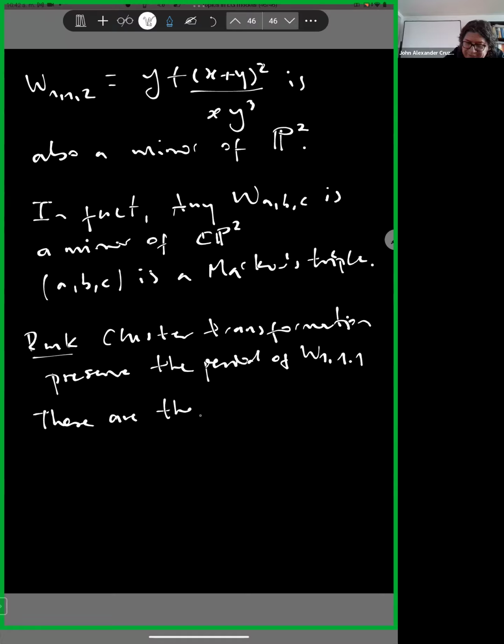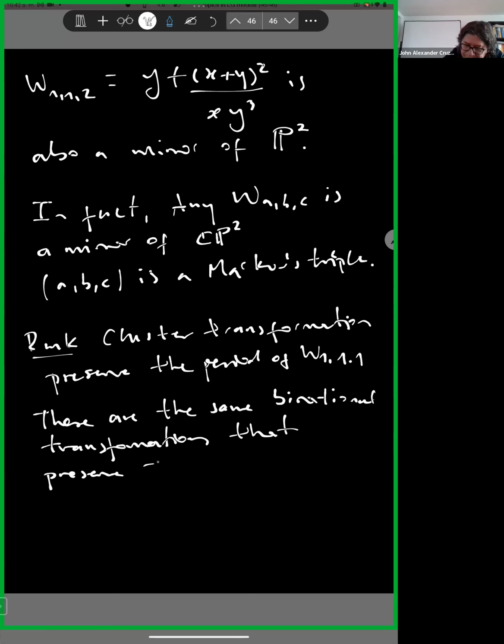And actually, these are the same birational transformations that preserve the standard volume form. This is really interesting because in dimension two this is known.